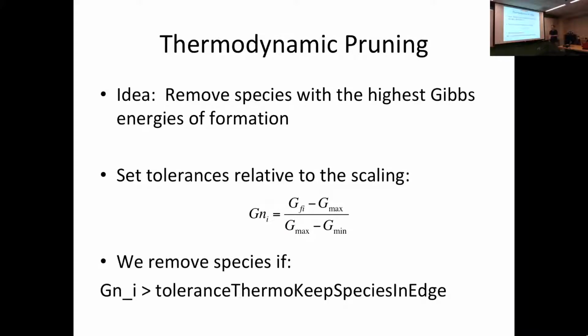So in this case, I scaled it by the difference between the maximum Gibbs energy and the minimum Gibbs energy of all simulations, and then we shift by the maximum. And then we remove a species if this number is greater than our tolerance to keep species in edge, which, because of how we've set Gmax, essentially means how much bigger this is than the maximum, as scaled by the difference between the maximum and the minimum.